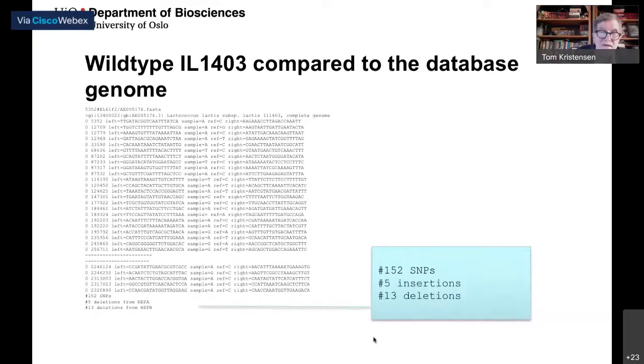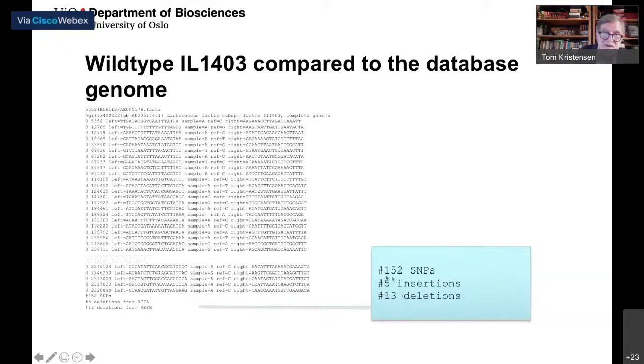And once I looked into these 170 differences between the sequence we had gotten and the reference genome, I realized that most of them are actually due to errors in the database sequence, because for instance, these insertions and deletions which we had discovered were actually able to recover broken reading frames in the reference genome, so that we actually got a repair of genes which had been missing bases already in the sequence.